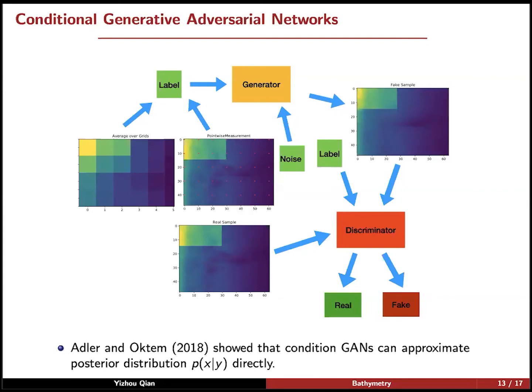In our case, we use the grid cell average and also point-wise measurements as our measurement, or our label, into the generator, along with some noise. Eventually it generates bathymetry, on the top right, as a fake sample, so that hopefully it will be as close to the real sample as possible.